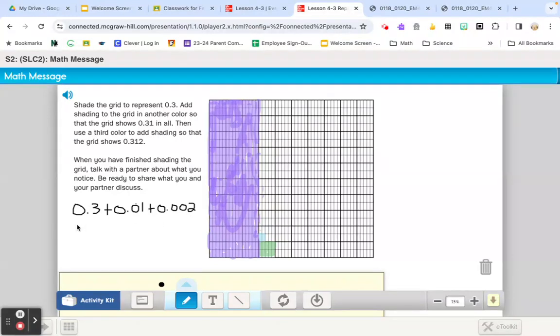Another way we can write it as expanded form is 3/10 plus 1/100 plus 2/1,000.